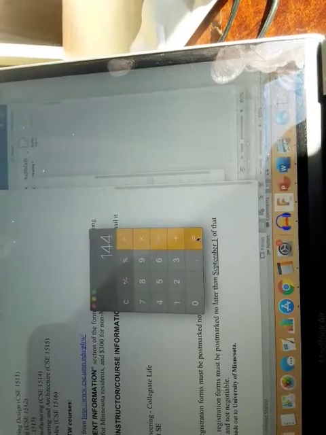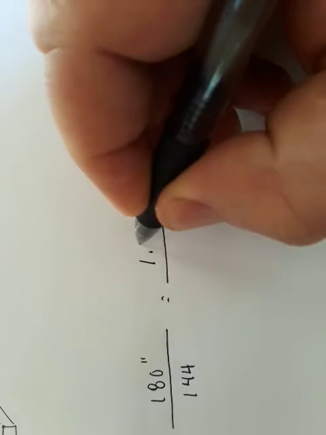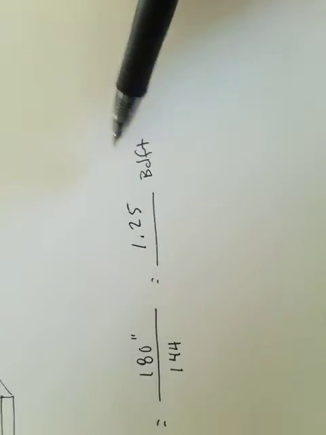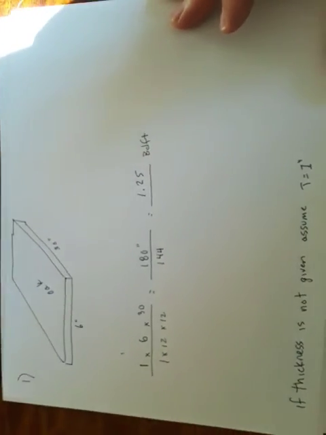This is probably pretty fuzzy because of the sun behind me, but if I plug in my values, 180 divided by 144, I should get 1.25. So my result is 1.25, and my unit is board feet. That would be number 1.